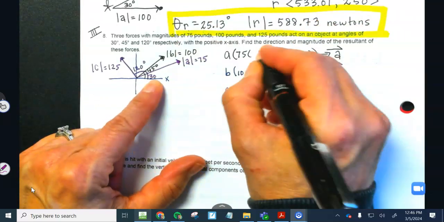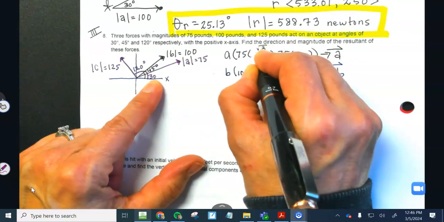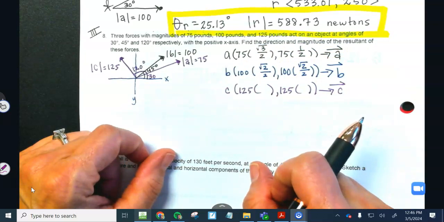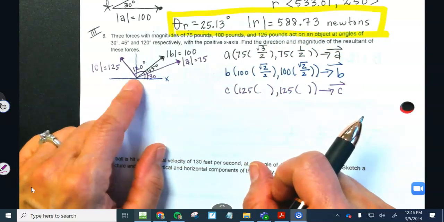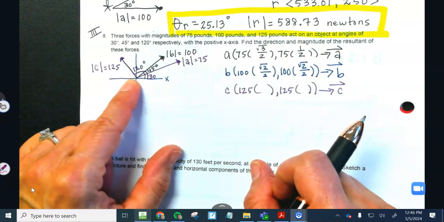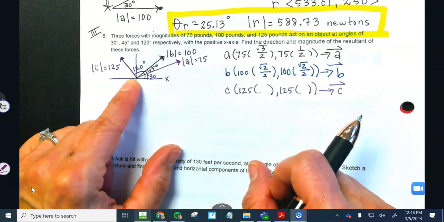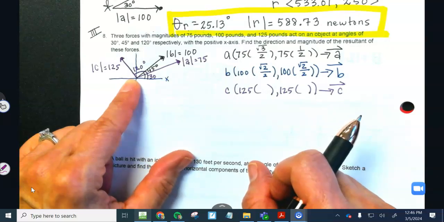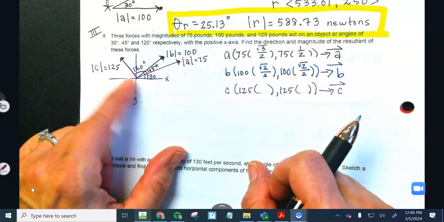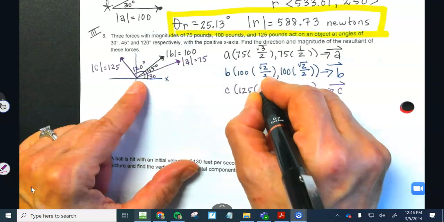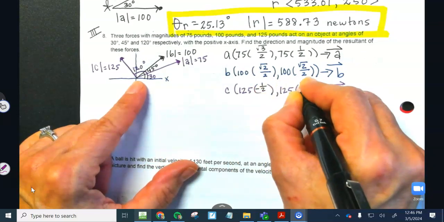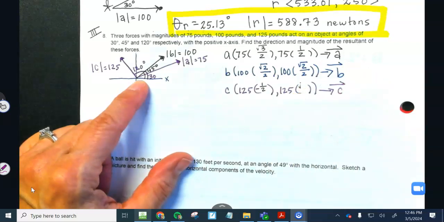So that's pi over 6. 45 degrees is always easy to remember. Remember, your 120 is 2 pi over 3. 2 pi over 3.